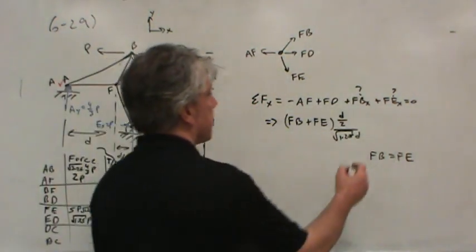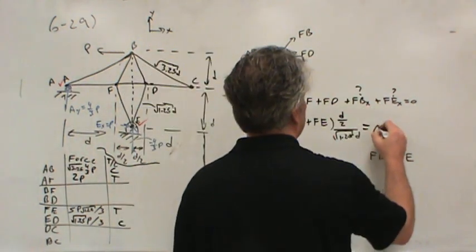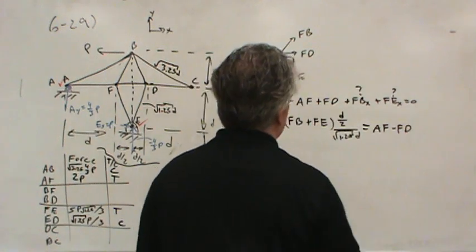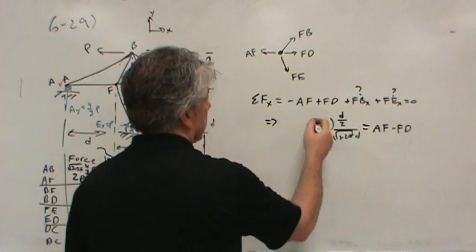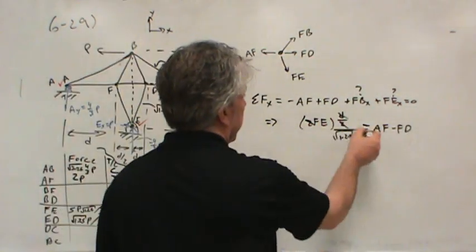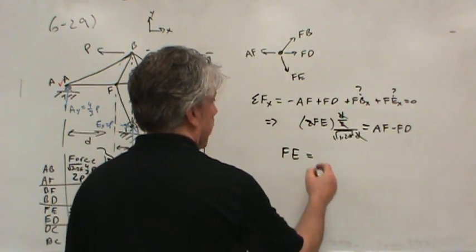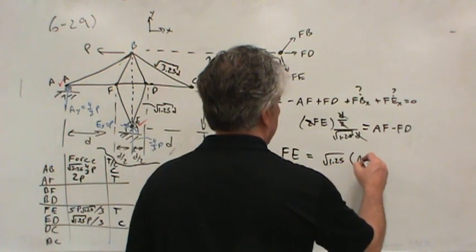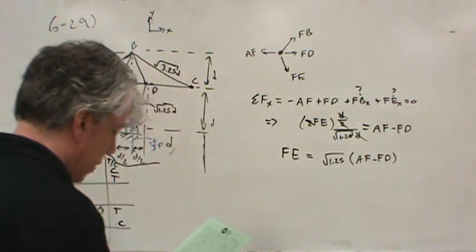And that gives us the x component. So I'm going to leave these on this side and move the other terms to the other side. So AF minus FD. And of course these two are equal, so I can simply say this is just 2FE, for example. So those two cancel, the d's cancel, and what we can say then is that FE is equal to root 1.25 times AF minus FD.